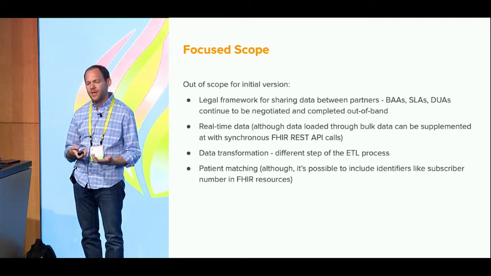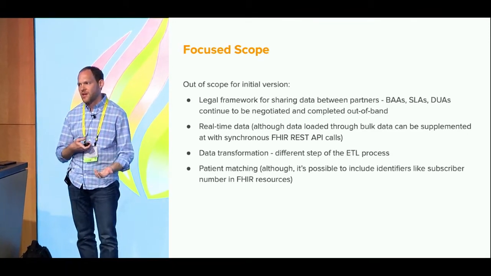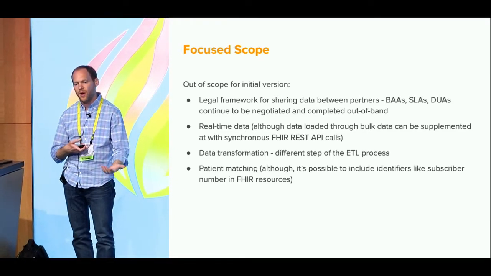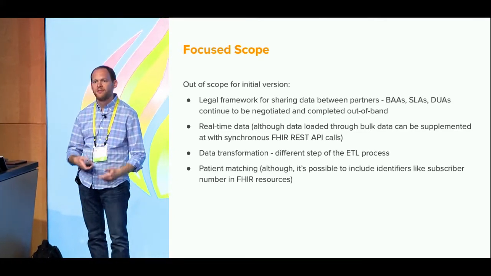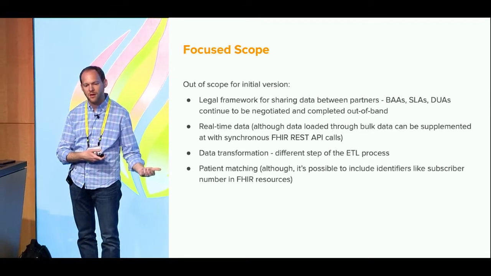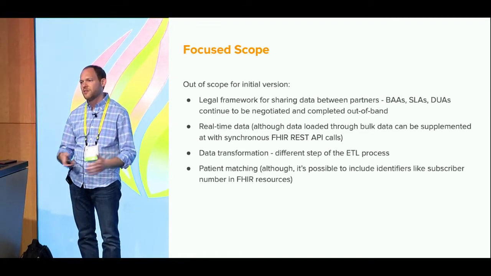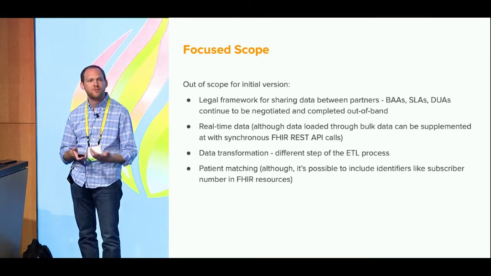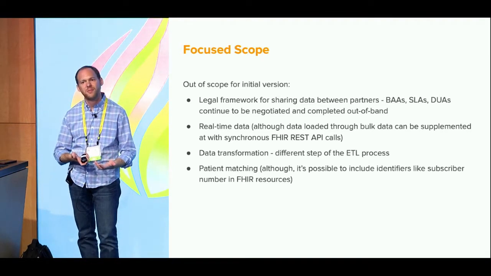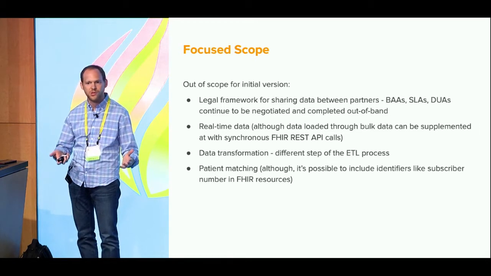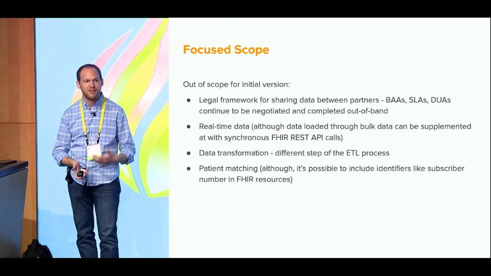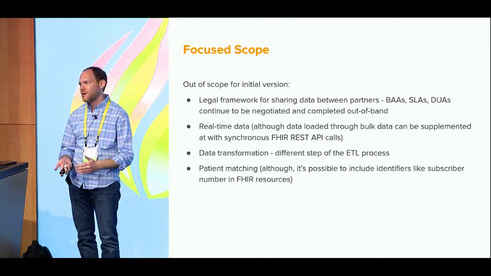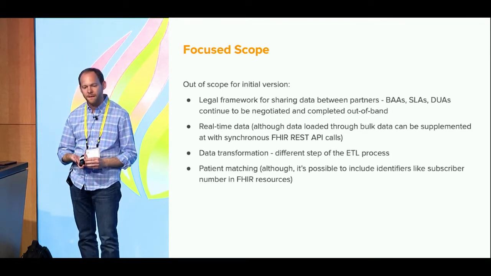What we're assuming is that the two parties exchanging these bulk data files have business associate agreements, which in the US is a requirement, and have service level agreements and data use agreements around what they're going to use the data for, negotiated out of band and contracts signed. I think there's an opportunity for a really good project to try to standardize some of these legal documents and get multiple institutions to use the same ones, which would make things a lot more efficient. But really, we're talking about a technical solution here which doesn't address the legal side of it.